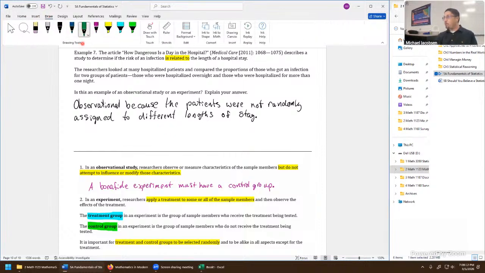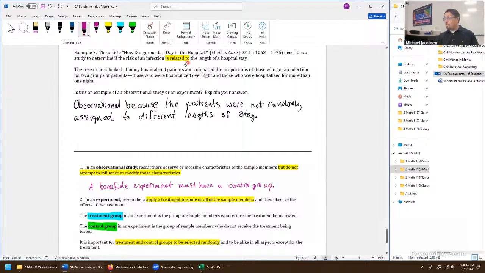Okay, one fast takeaway, again, still thinking in terms of experiments versus observational studies. This observational study, even if they found higher percentages, they said the word proportion, where's that word? There it is. If there's higher percentages, or you could say proportions instead, of people getting infection for longer stays, they still cannot say those higher proportions were caused by the length of stay. They have to say is related to.